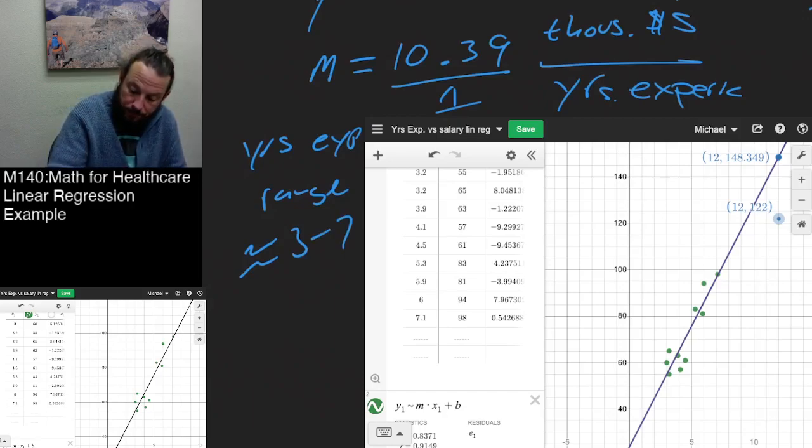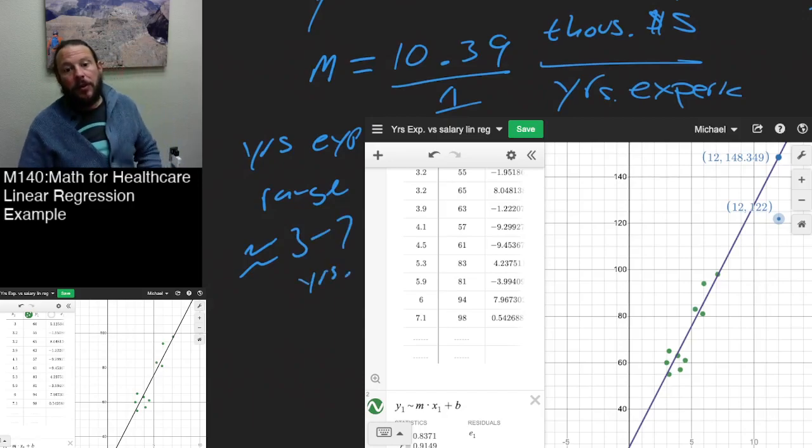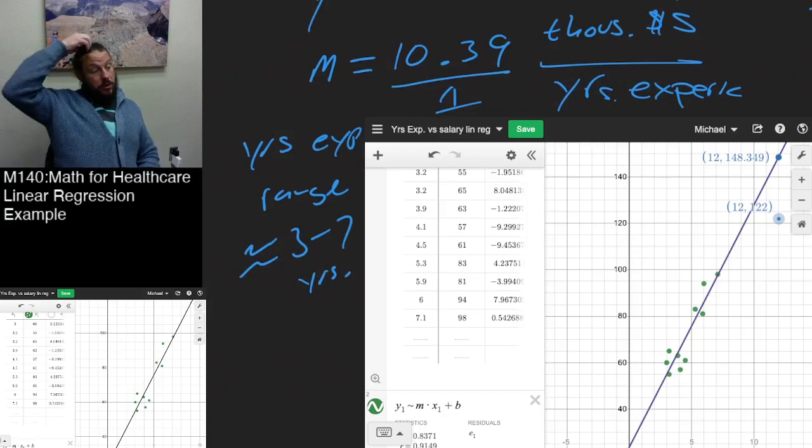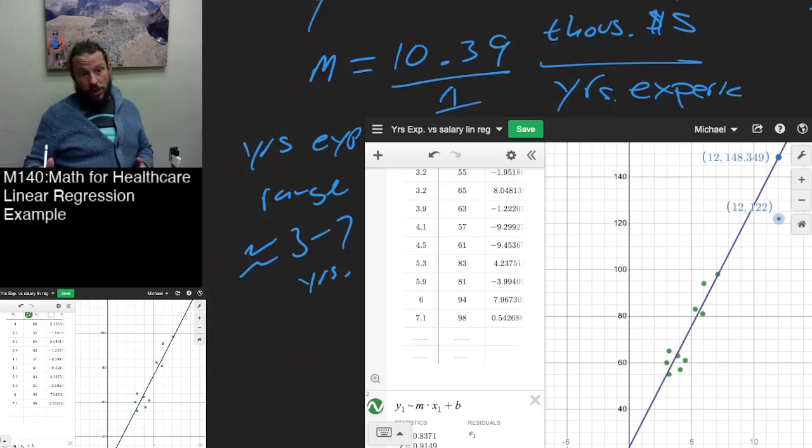Okay? Now, that correlation coefficient really only tells you how well the data is going to fit near that range. Look what we're trying to do. We're trying to take data from the 3 to 7 range, all right?